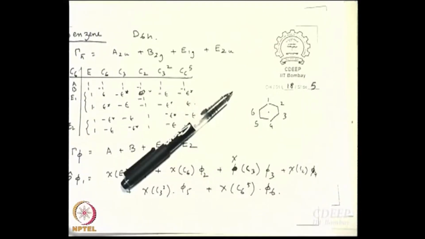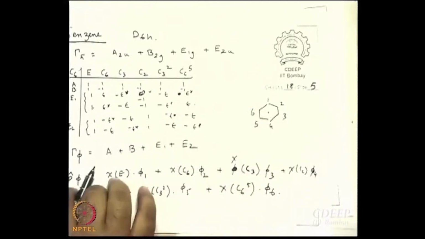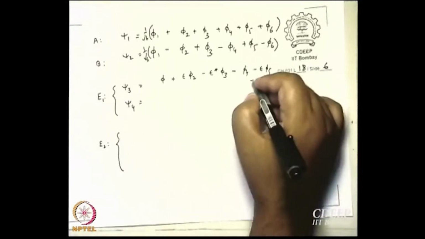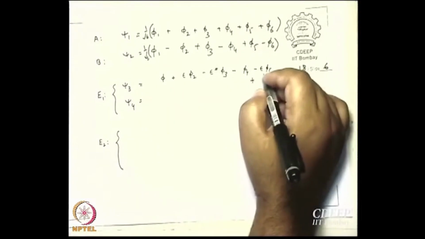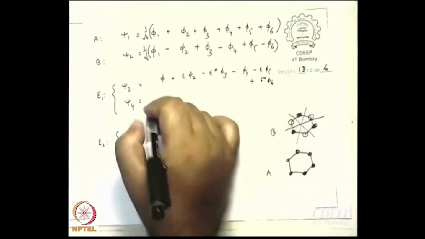Wait, I think it is my mistake translated to you. Hold on, let me check. I think it's plus. Yeah. Plus, these are plus. That's why I took the printout. Plus epsilon star phi 6.